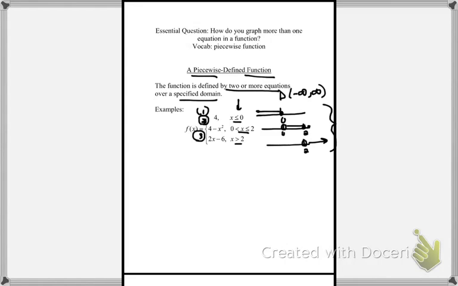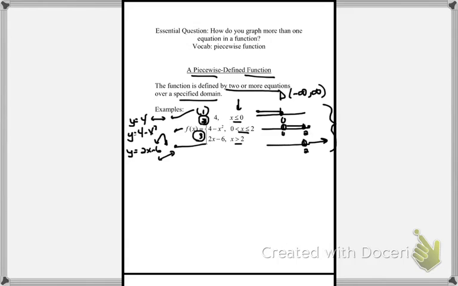Now when we look at our functions, y equals 4 will give us a horizontal line at the y of 4. For the second one, y equals 4 minus x squared will give us a parabola that opens down. And for the third one, y equals 2x minus 6 will give us a slanted line to the positive side.